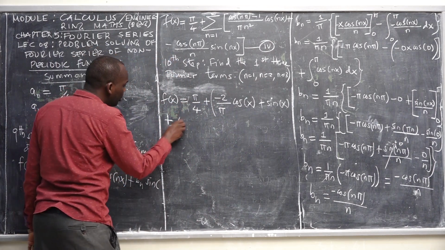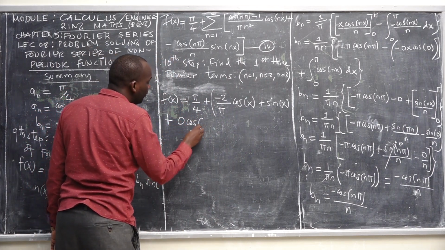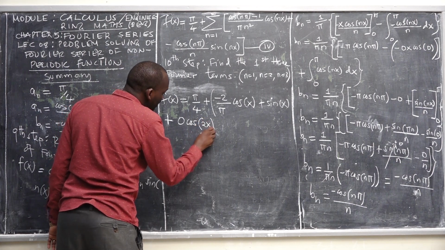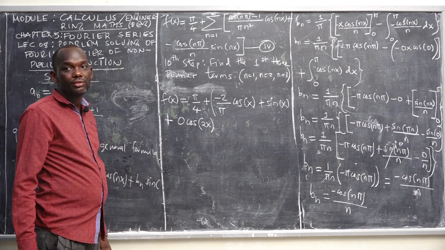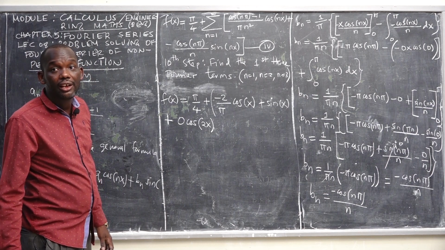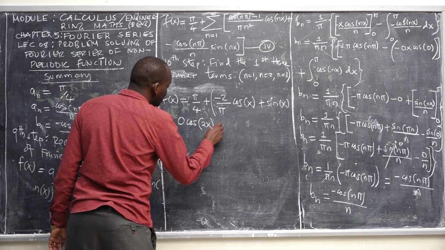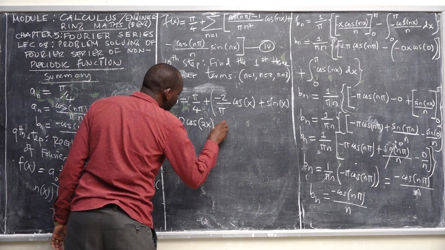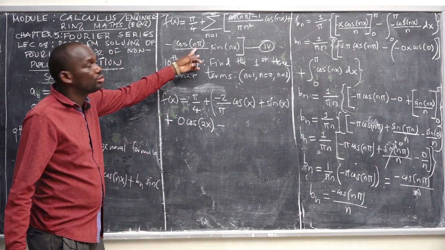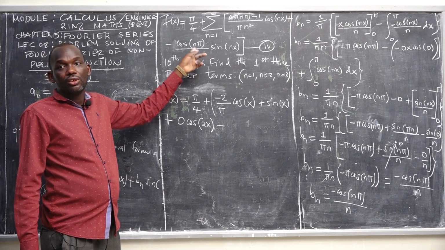So you'll have 0 times cosine of 2x. Are we together, Richard? Plus, n is equal to 2, cos of 2 pi.